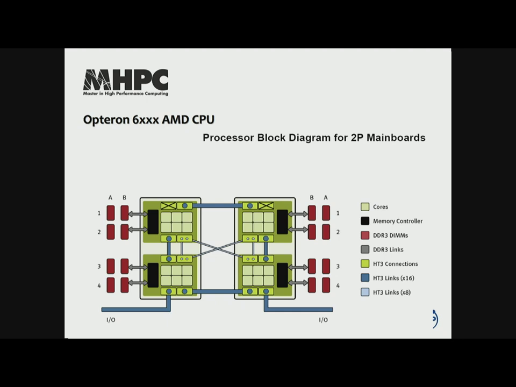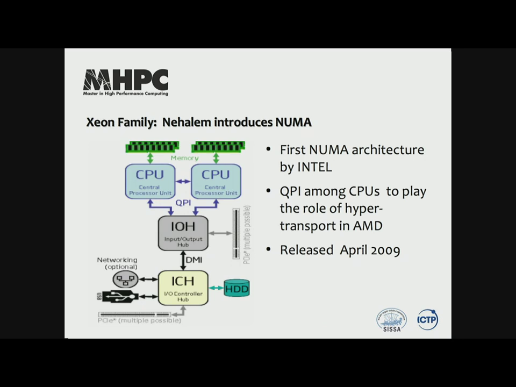The same goes for Nehalem, in which again you have the CPU attached to the memory. And Nehalem, which is 10 years old because it came out in April 2009, was the first appearance of QPI, the QuickPath Interconnect, that is now called by another name, but the concept is the same.